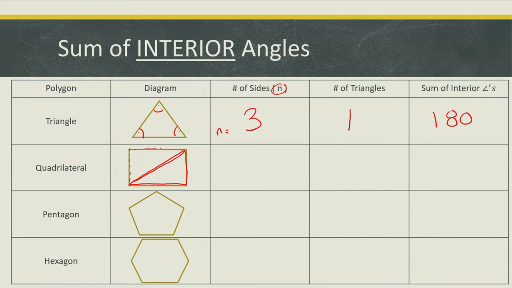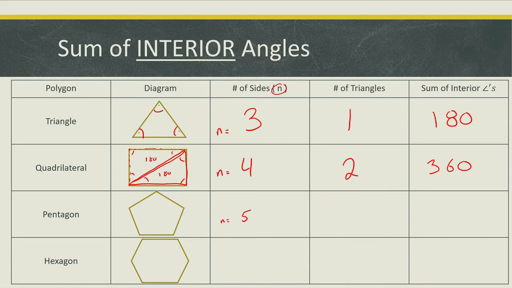If I add these three angles, that is 180 degrees, and these three angles are another 180, so all together we get 360 degrees. So my quadrilateral has 4 sides, and I was able to fit 2 triangles in here.